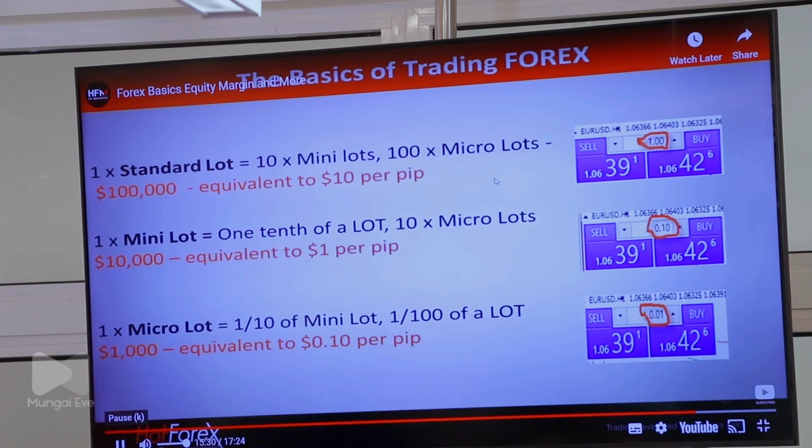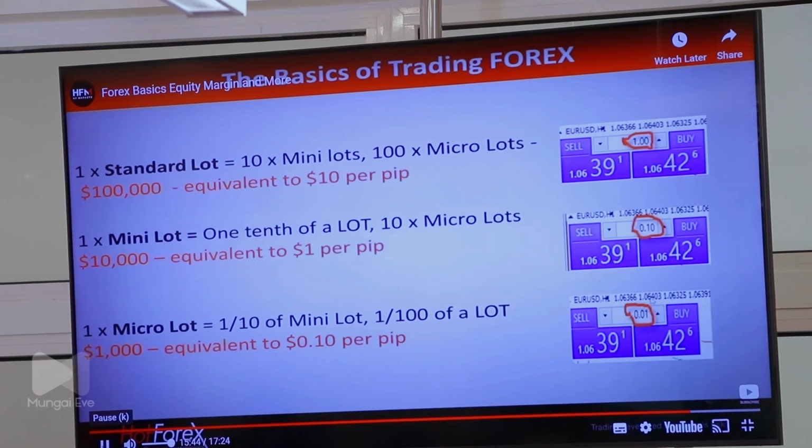So one standard lot, 1.0 here, is the same as 10 mini lots on 0.1 here, on 100, very, very small amount, and it can keep you quite safe. So $100,000 is equivalent to one standard lot, which in the Euro-USD pair would mean that each pip, we've talked about before, each movement in the fourth point here would mean $10.